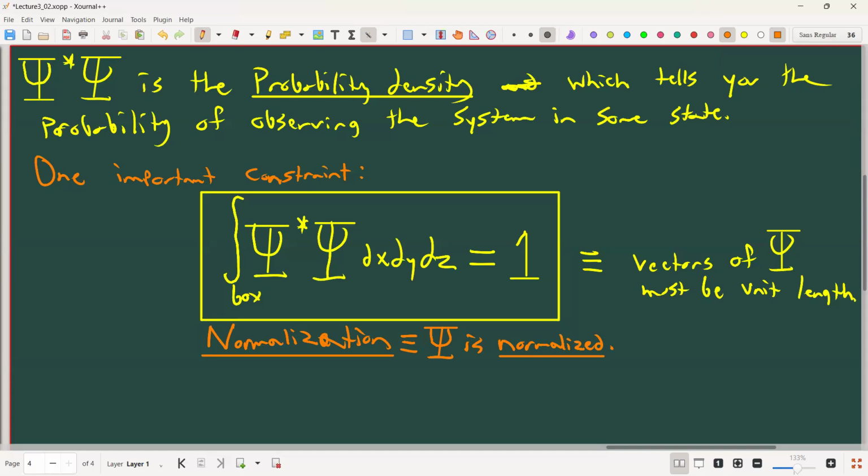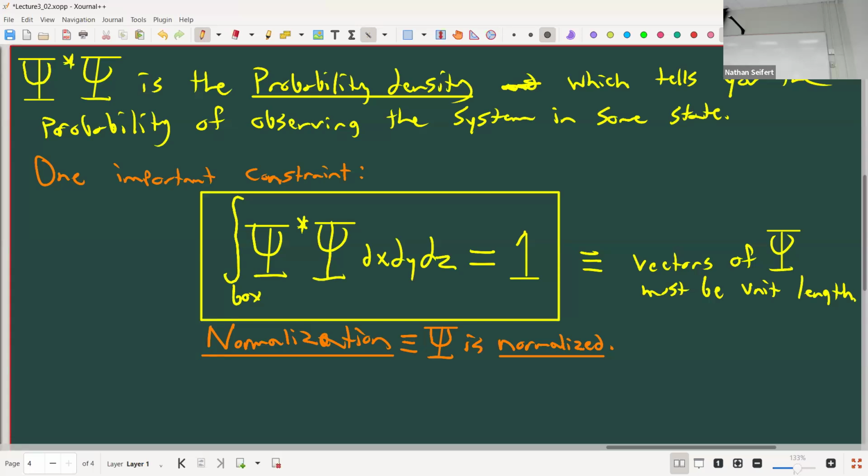And this is true for every wave function of every system. In fact, it's how we construct wave functions. We're going to come up with a model for a system and make a guess for the wave function. And part of the process of determining what the wave function is, is that we have to normalize it with this condition. The square of it has to integrate to 1.